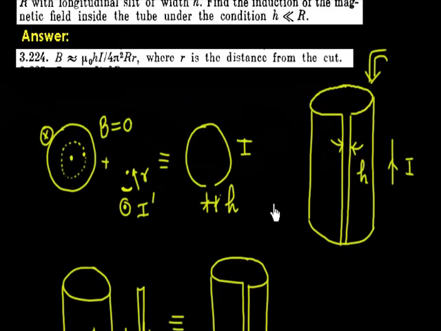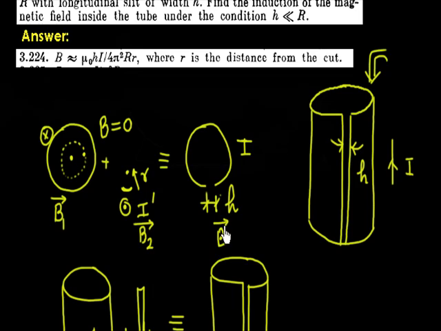My target is to find the total magnetic field, which is B1 plus B2. B1 is the magnetic field due to this part, and B2 is the magnetic field due to this part. This total is the magnetic field B.